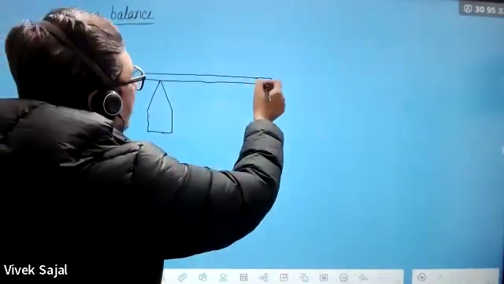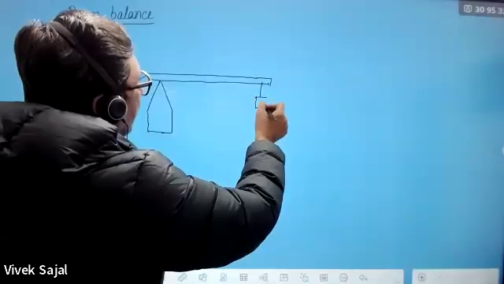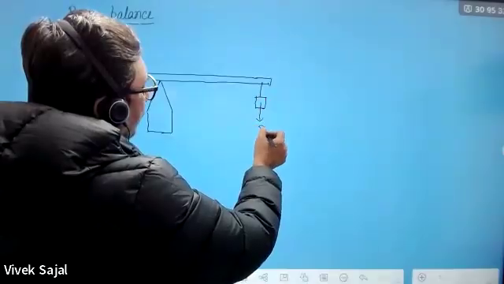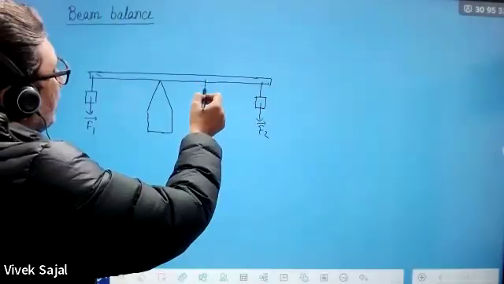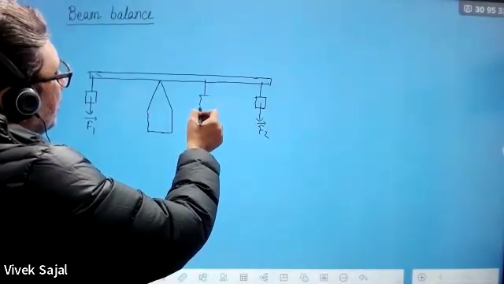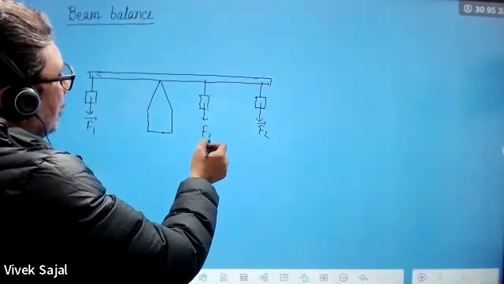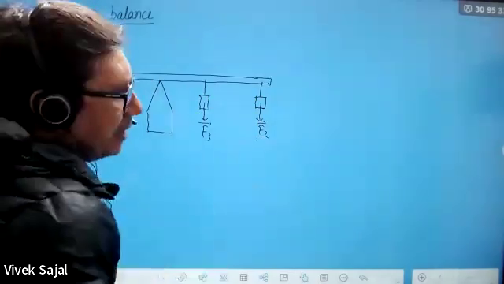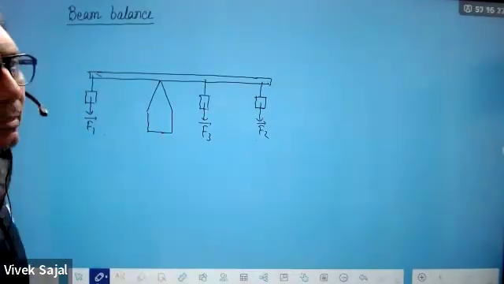And here you place another weight, and suppose due to this, its weight F2 is acting in the downward direction. ठीक है. You place another weight here and this will be suppose F3. So F1 can be M1G, F2 can be M2G, F3 can be M3G, and they are all acting in the downward direction.